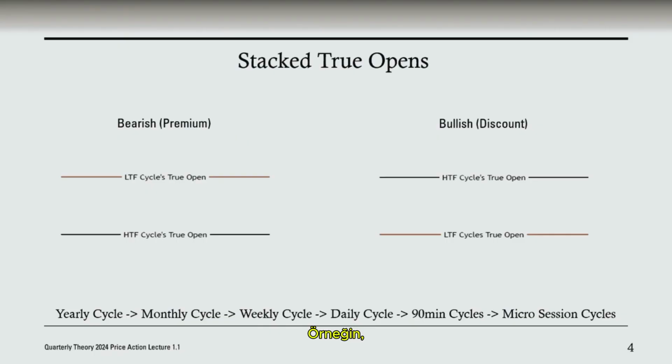So, for example, if you're trading the New York session and the true open for the New York session is 7:30 a.m., you would need that to be below the true day open. You understand? So this is just an introduction.